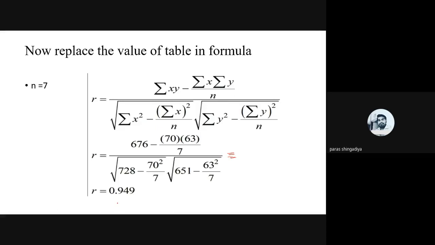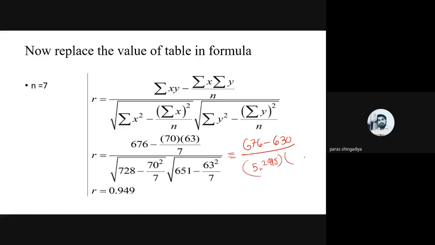Let us verify this answer. 676 as it is, and now 70 into 63 divided by 7, which is 630. Now check the square roots separately. The first square root you will get is 5.2915.